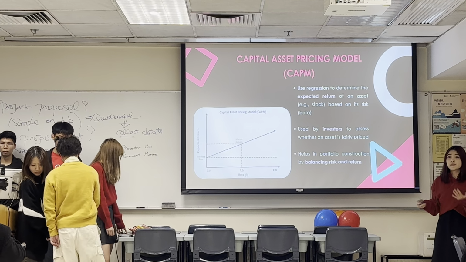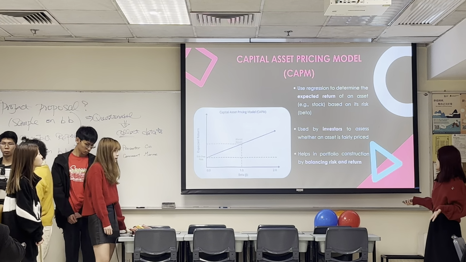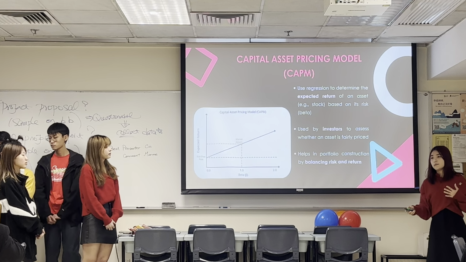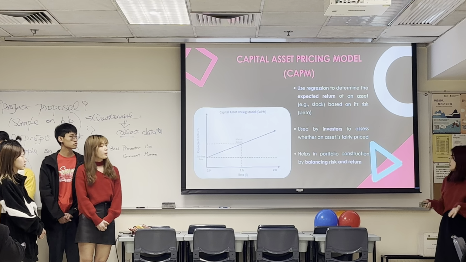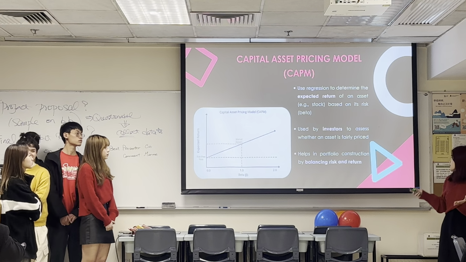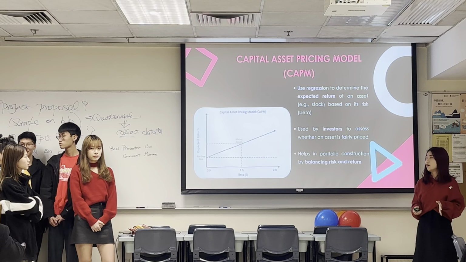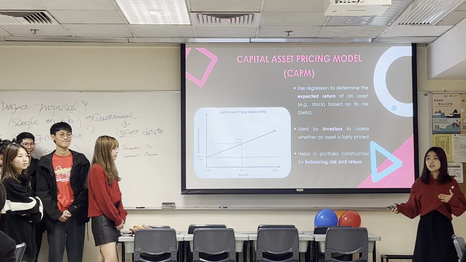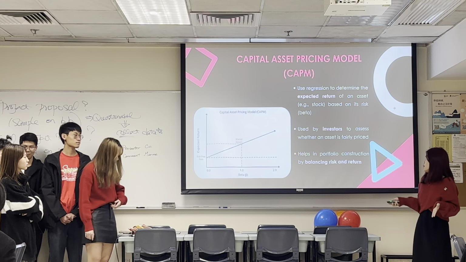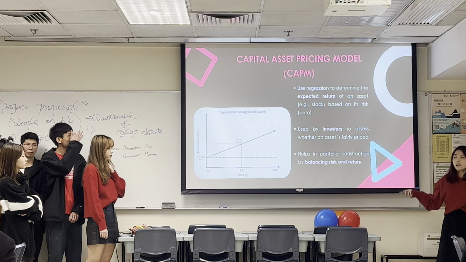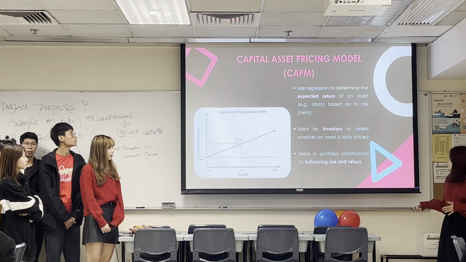It's normally used by investors to see whether an asset is fairly priced, and some companies use it in the construction of the portfolio by balancing risks and returns so that they can manage their company in a more efficient way. So these are all examples of financial forecasting using regressions.